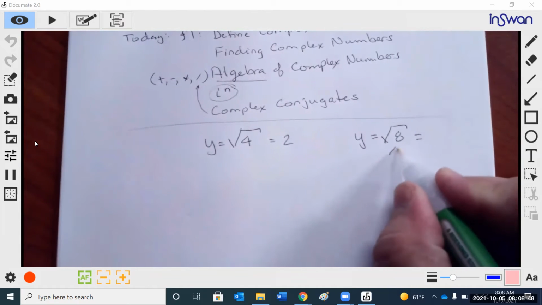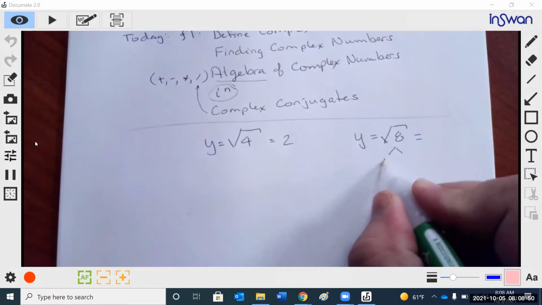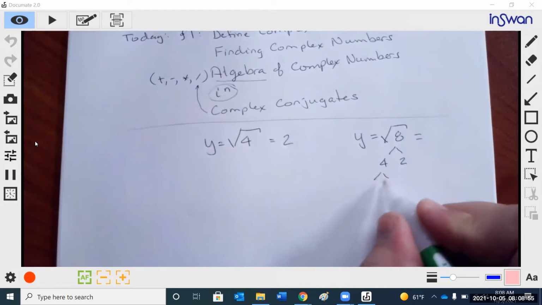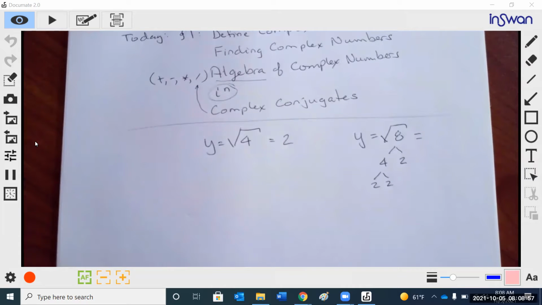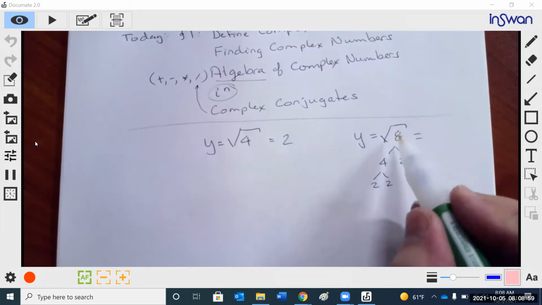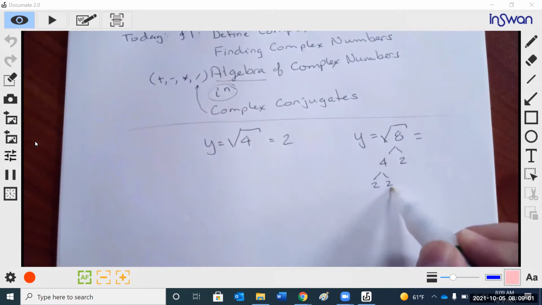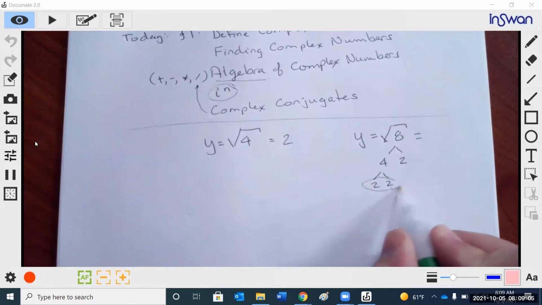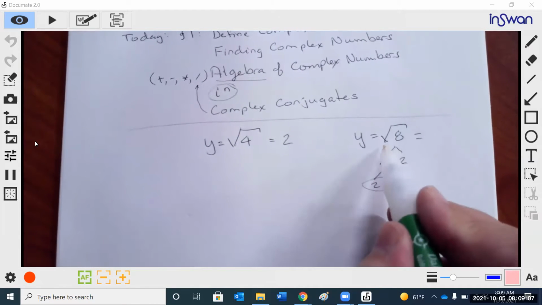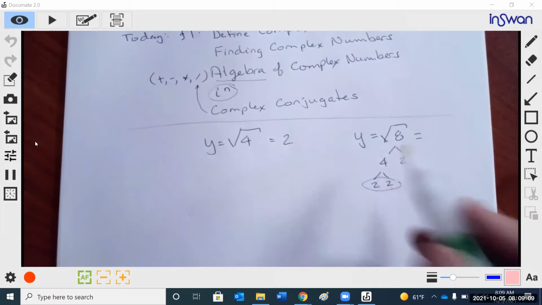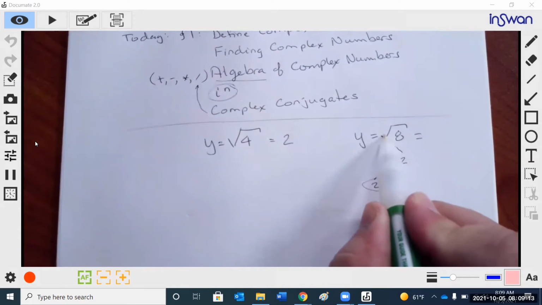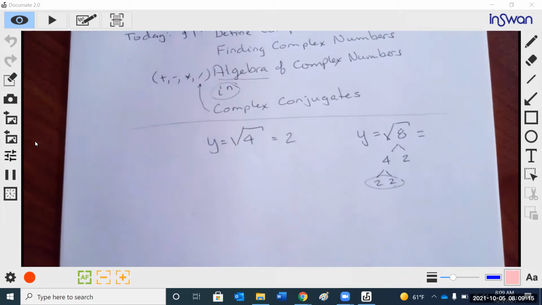What is 8 made up of? 4 times 2. 4 is made up of 2 times 2. So 8 is made up of 2 times 2 times 2. It's 2 cubed, yeah, but inside the square root, how many do we need to take it out? What number is inside there? What's the root?